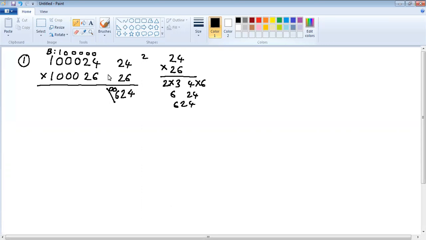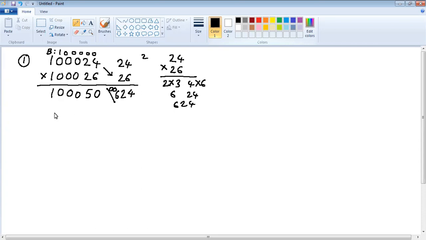I'm not checking the chat box, some are answering something. Only if you have a doubt, you can just say repeat, orally, because I'm not checking the chat box. Cross addition: 4 plus 6 is 10, 0, carry 1. 2 plus 2 is 4, plus carry 1, 5. Then this part will be as it is, 0, 0, 0, 1.